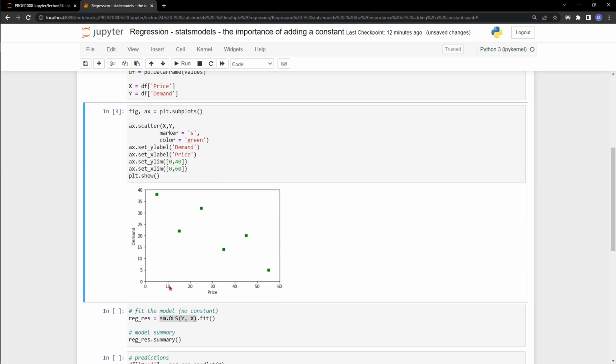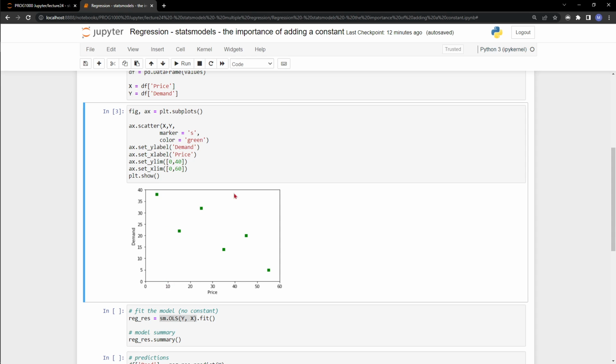If we do this, we see that we have the origin with us here, but the relationship between price and demand looks like it's negative, right? So for a high price, you have low demand. For a low price, you have high demand.